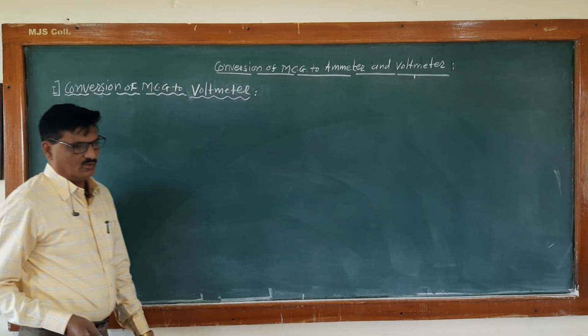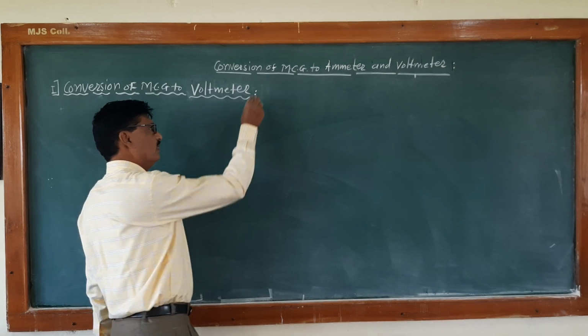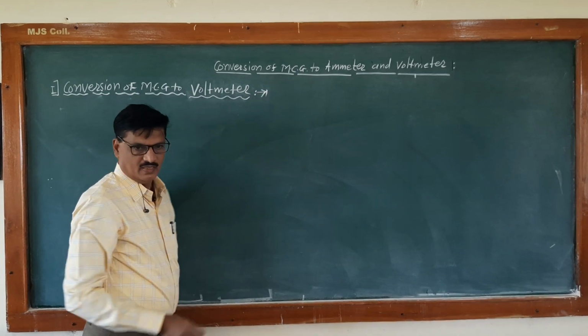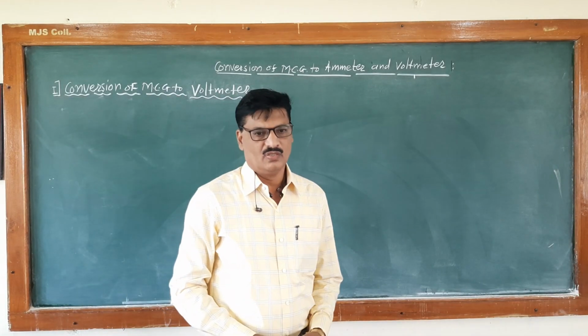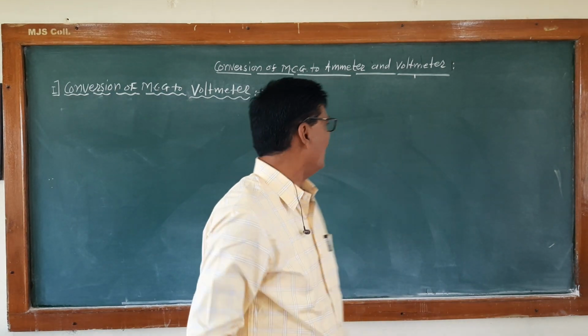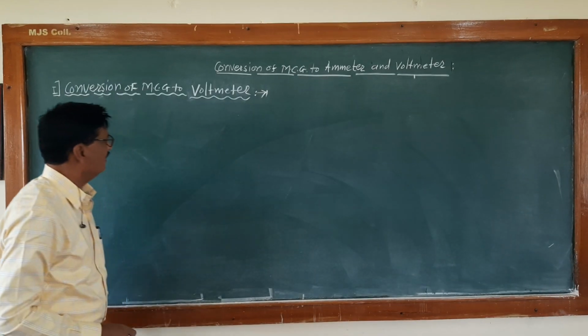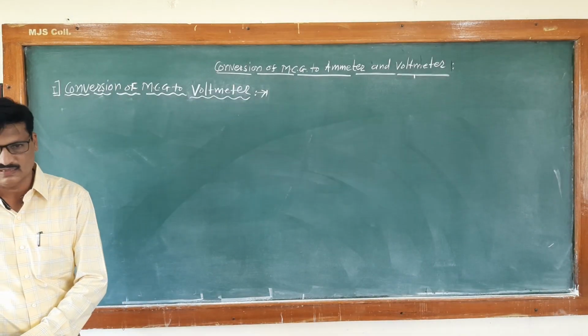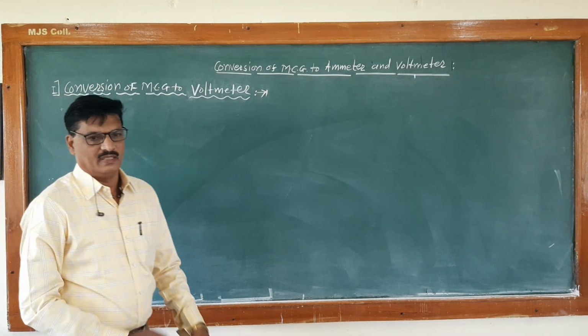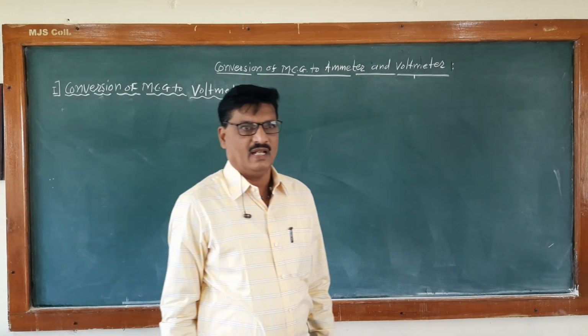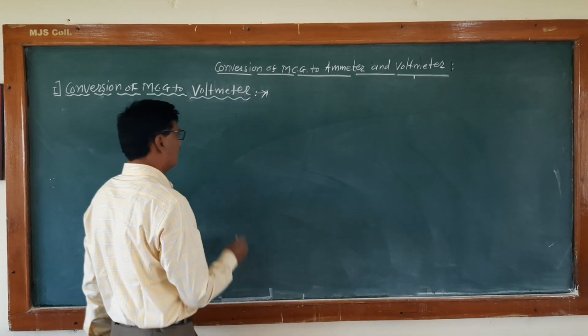Already you know that the moving coil galvanometer can be converted into a voltmeter by connecting a high resistance in series with the galvanometer. By connecting a high resistance in series, the effective resistance becomes large and a large potential difference can be measured.